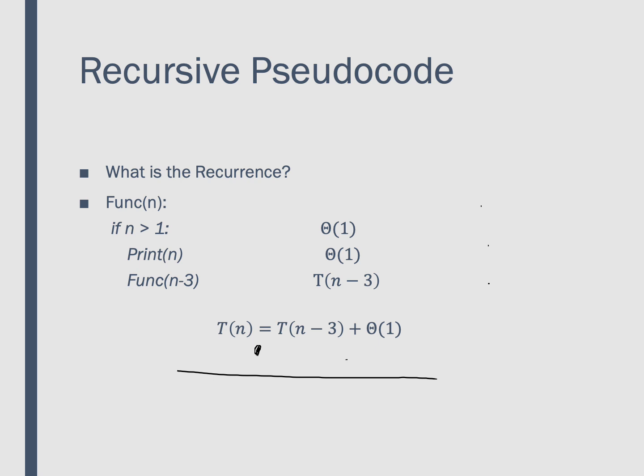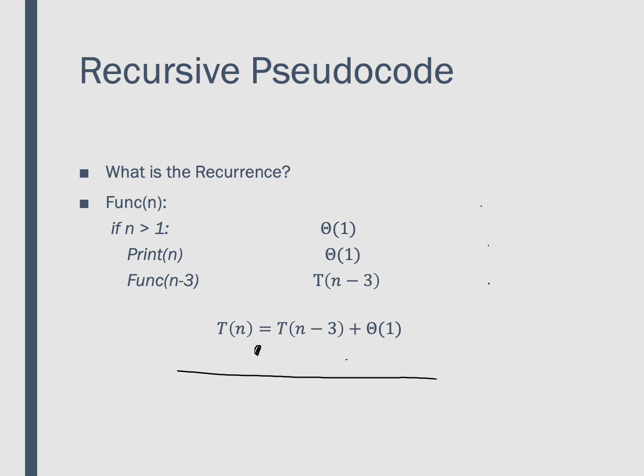Okay, so here, now that we have seen the pseudocode for the recursive function, let's analyze its behavior mathematically by identifying its recurrence relation. If we break it down, we are analyzing the function n, which operates as follows.